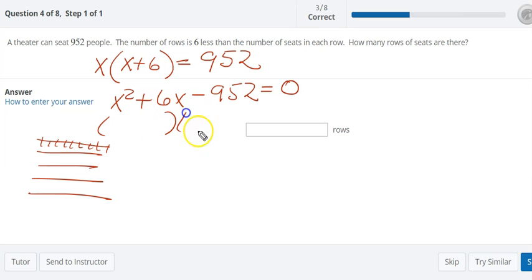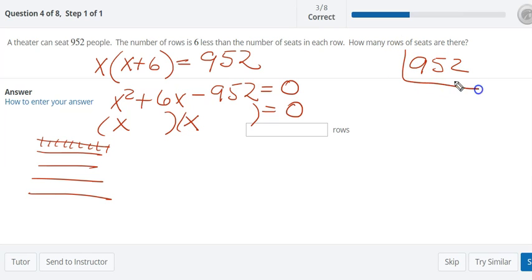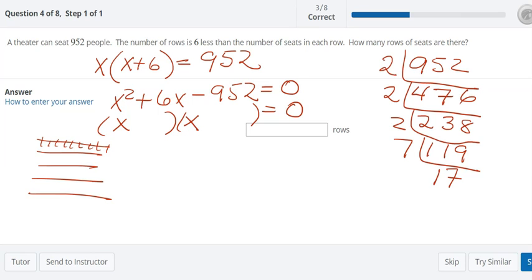And we need to factor that. And I would suggest that you use that technique, 952, and figure out what the combination of numbers are to get the difference of 6. I'll pause while I do that.